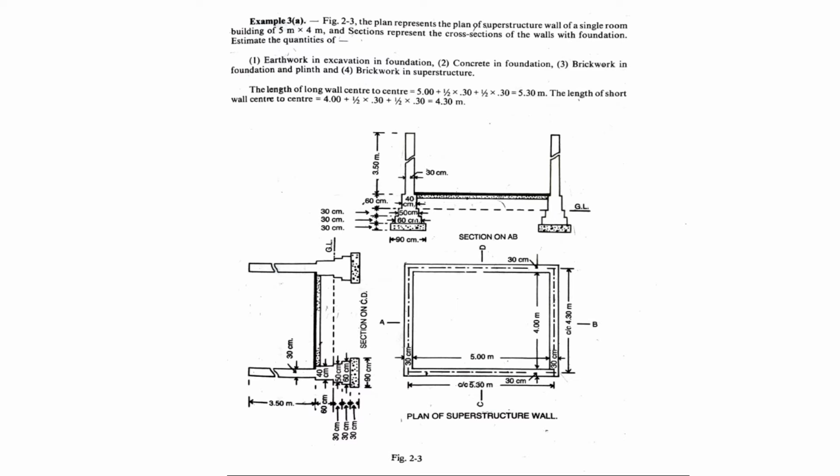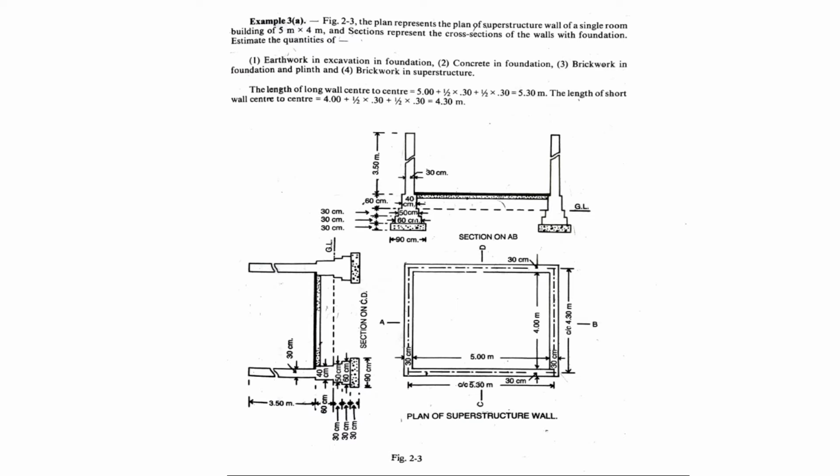Same as for short wall, 4 meter plus 0.3 by 2 bottom wall plus 0.3 by 2 top wall, from the diagram, bottom and top.